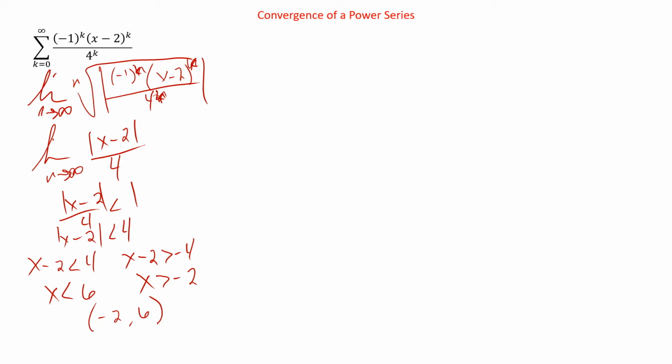We're going to have the sum from k equals 0 to infinity of negative 1 to the k times, if we plug in negative 2, we're going to have negative 2 minus 2 is negative 4 to the k over 4 to the k. Well, negative 4 to the k over 4 to the k is going to either equal 1 or negative 1.